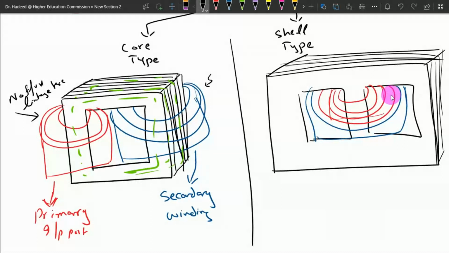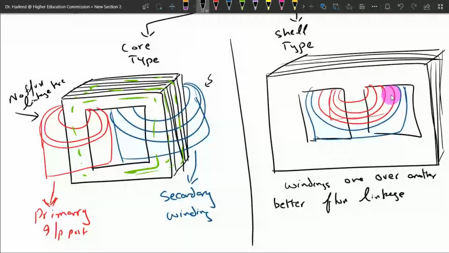What is the advantage here? You can see that we have the windings one over another, which means that we have better flux linkage, not only because both of the windings are wrapped over each other, but because these windings are encompassed by the material of the core, which is shown here.